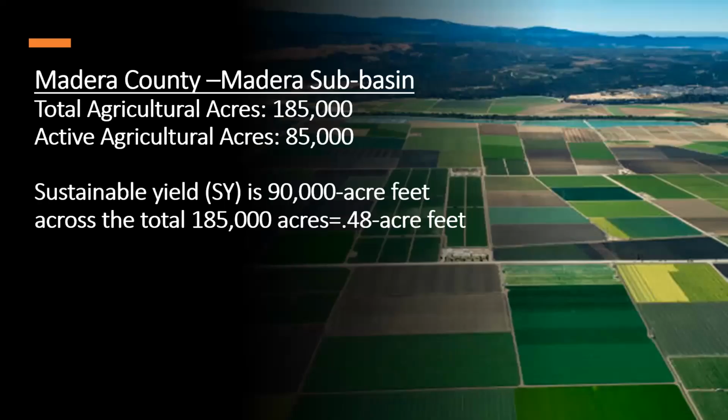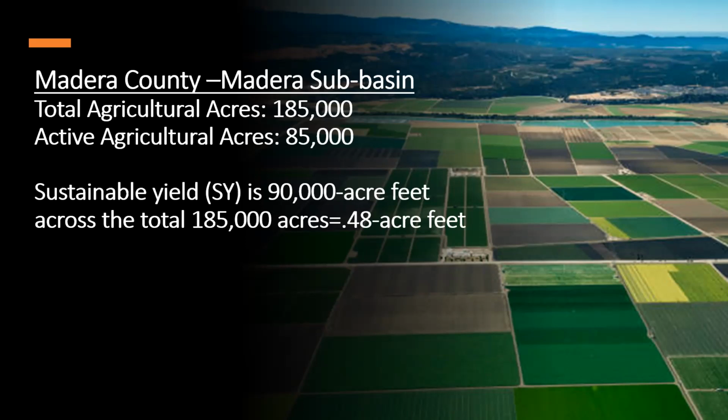So let's break the numbers down. The total acreage in this particular GSA is 185,000 and the active acres are 85,000. They figured that the total amount of water being percolated into the ground is 90,000 acre feet per year. So you take that 90,000 and divide it by 185,000, and you come out with 0.48 acre feet of water.